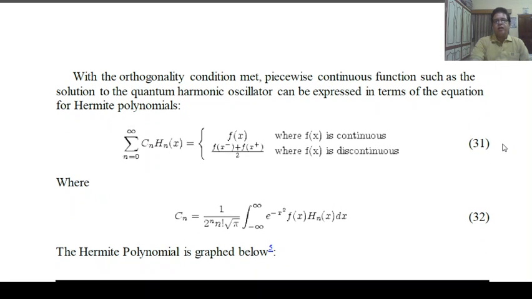With the orthogonality condition made, a piecewise continuous function such as the solution of the quantum harmonic oscillator can be expressed in terms of the Hermite polynomials.